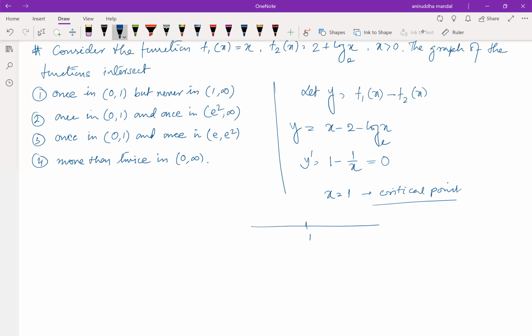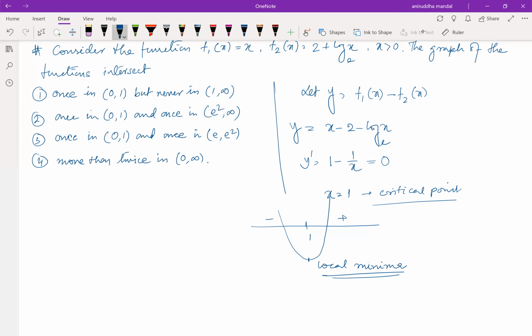For x as 1, the slope of the tangent goes from negative to positive, which means at 1 we have a local minima.